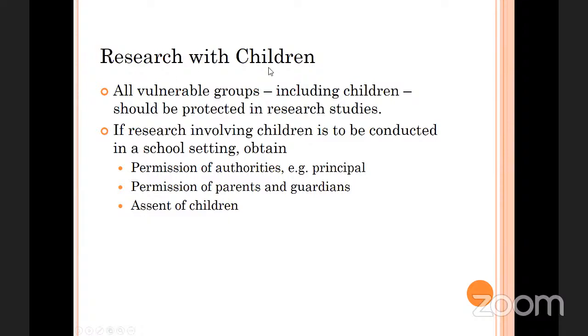With children, you must ask for assent of the children and permission of the parents and guardians. But obviously, children are too young to give assent, like when they're under 6, it would only be permission of the parents and guardians. If there's a situation where it's in a particular location, like in a school, you'd ask the principal, or some other setting where there's an authority, they would also be asked.